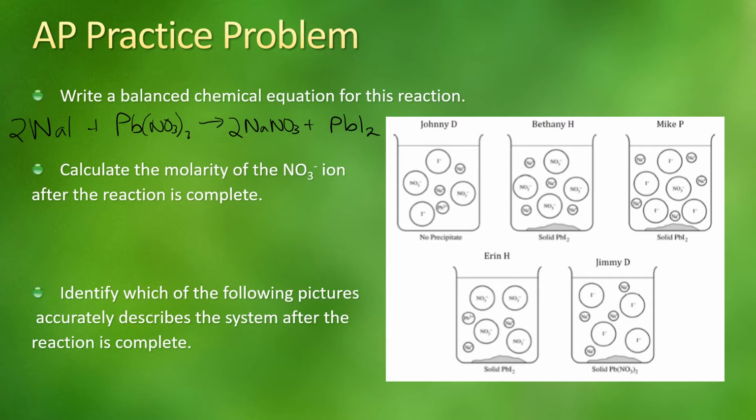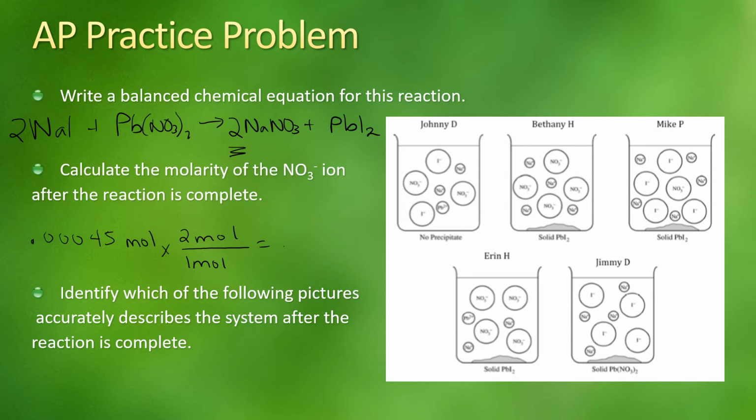We want to know the molarity of the NO3 ion after the reaction is complete. Well, we know how much Pb(NO3)2 there was to begin with. We know that it was the limiting reactant, so let's go ahead and convert moles of lead nitrate to moles of sodium nitrate. If we look, we have 2 moles of sodium nitrate, there's our ratio, for every 1 mole of lead nitrate.